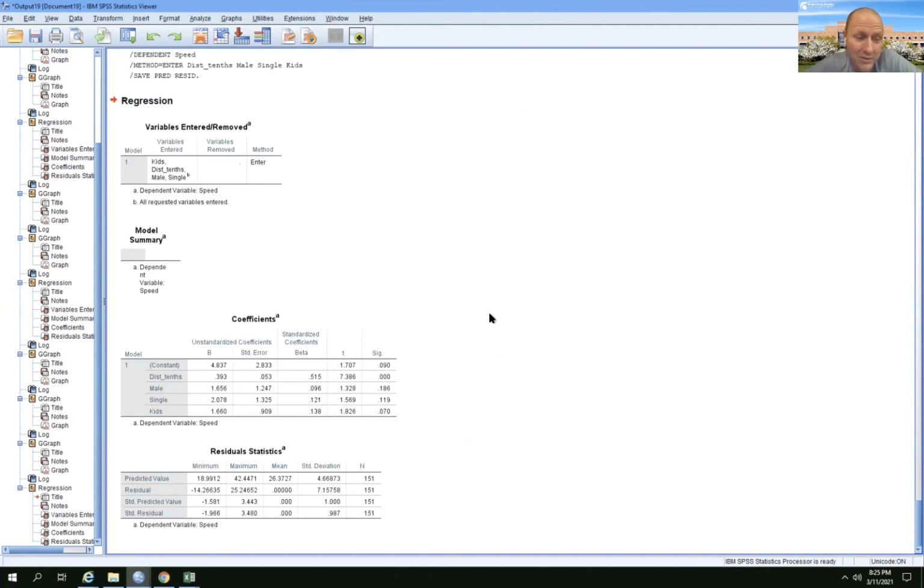I guess it just so happens in this case that I was lucky and selected a relatively decent set of variables. We've got distance traveled, gender, marital status, and number of children as our predictor variables. Several of these are statistically significant or relatively close to being statistically significant. So now the question becomes, well, which of these do I retain in my model?